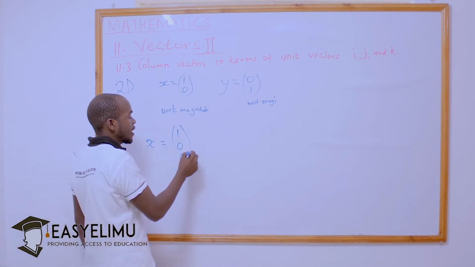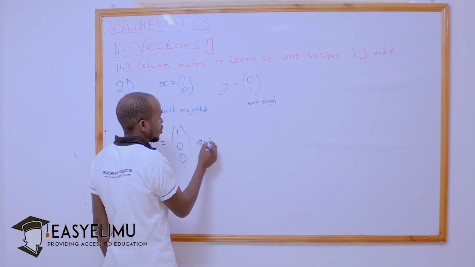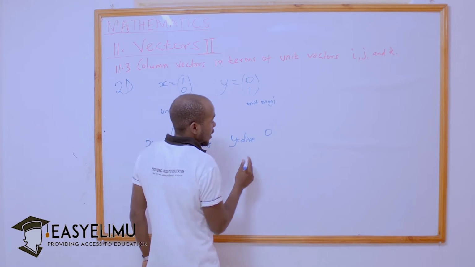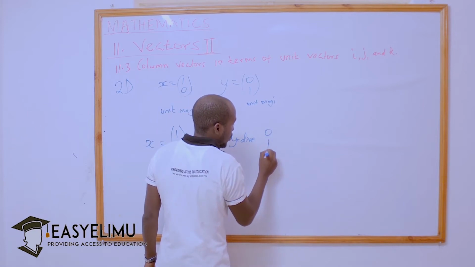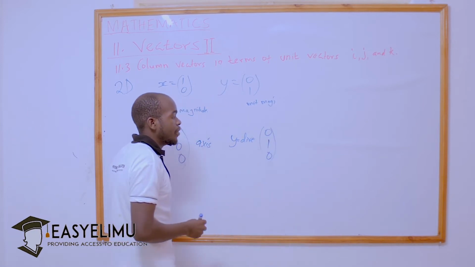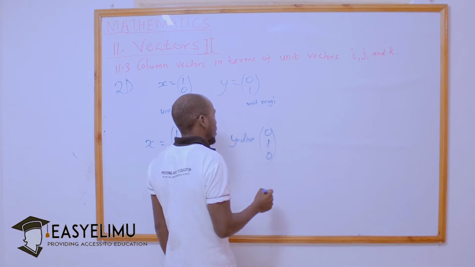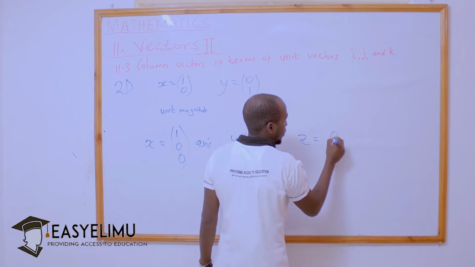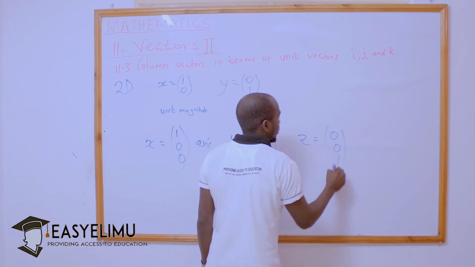For the y direction we shall have 0, 1, 0, and we have a unit vector in column form. In z direction, we have 0, 0, 1. So that is what we have.